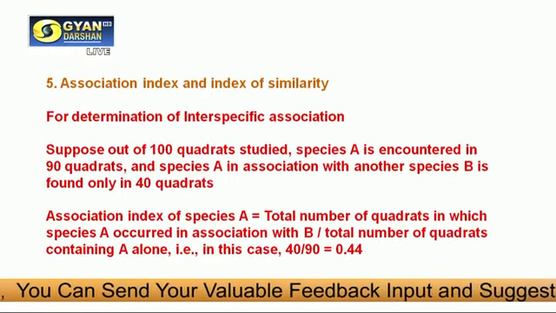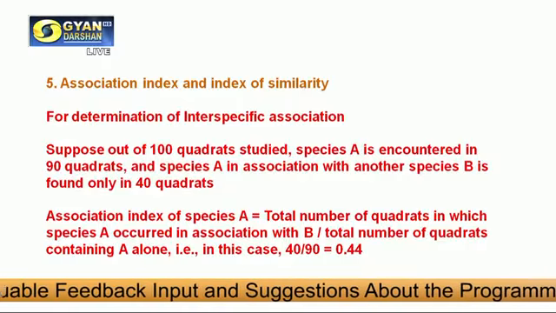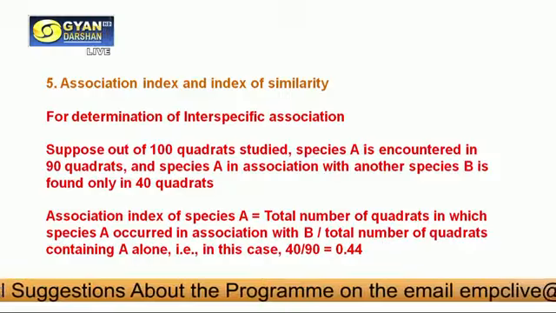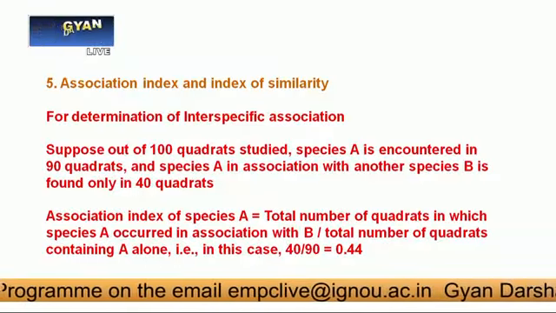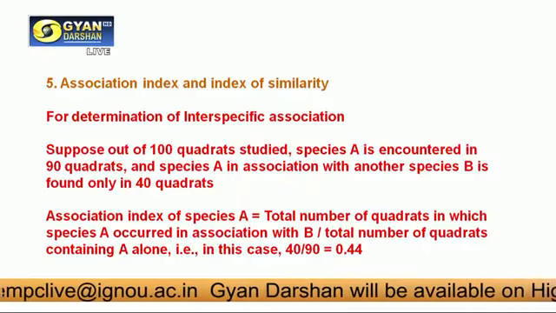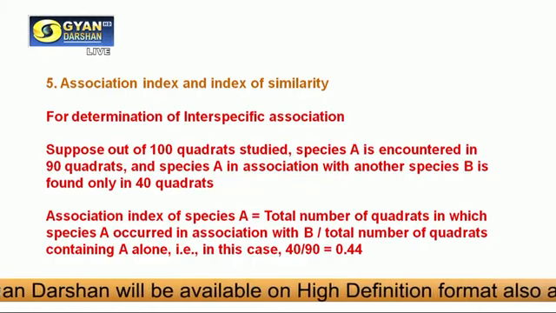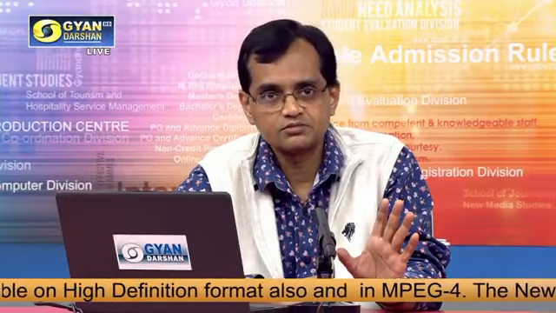Now another very important parameter we call association index and index of similarity. What is this concept? Supposing you are studying 100 quadrats. I am just giving you an example. I think by this time the concept of quadrat is clear to you, that it's basically a sampling unit.